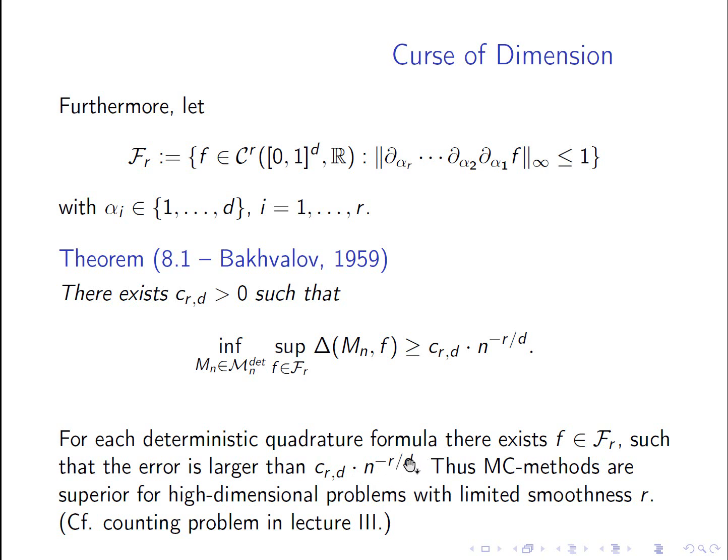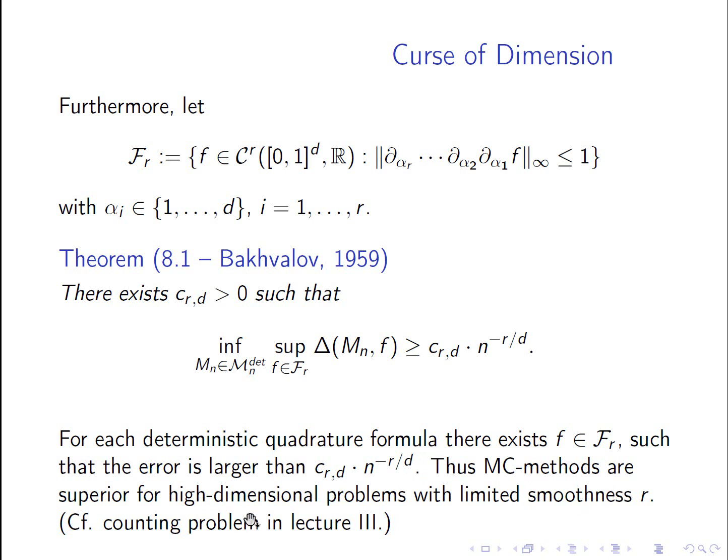So, because r can be low and d can be high, if you think of finance applications, there's typically the number 360 for 30 years times 12 months. And there you also have typical low smoothness, so this might be close to 0. And in this setup, Monte Carlo methods are really superior for high dimensional problems, if the dimension is high and the smoothness is limited.